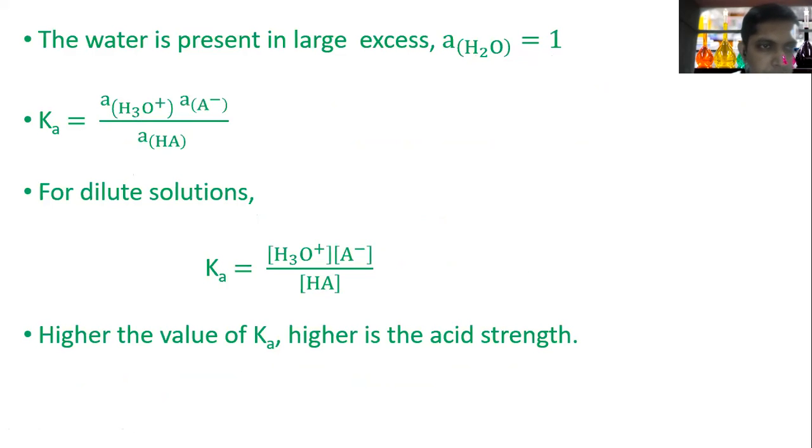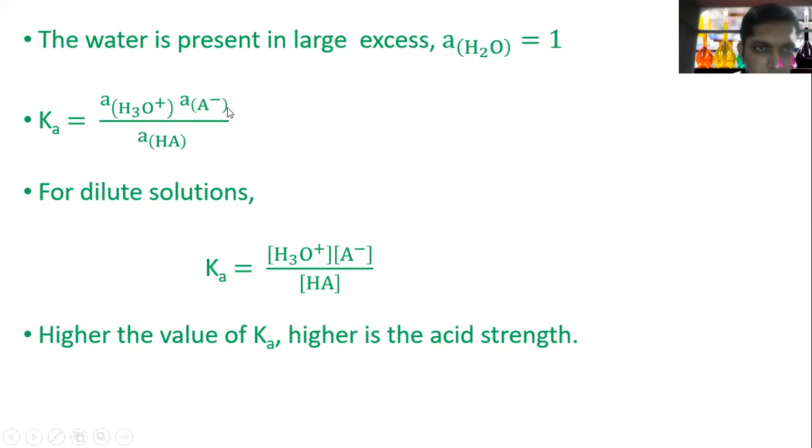Now, these are activity terms. For your information, remember that activity is the active concentration. In a dilute solution, as the molecules or ions are well separated from each other, the activities can be considered to be equal to the concentration. So here the activity of hydronium ion is equal to the concentration of hydronium ions.